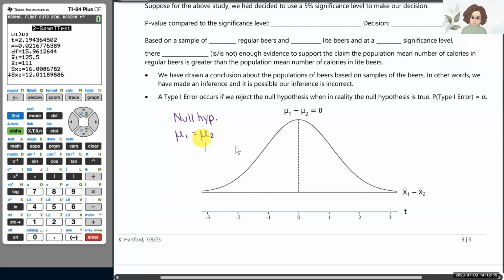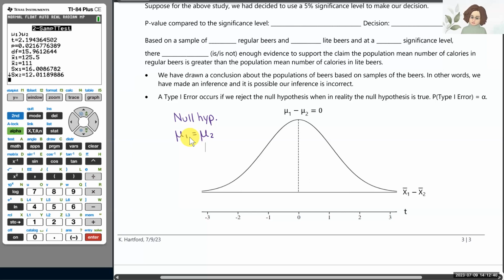If the means were equal, the difference between them would be 0. So most of the time, if I took samples of regular and light beers and looked at the difference, I should get a difference close to 0 if the null hypothesis is true.